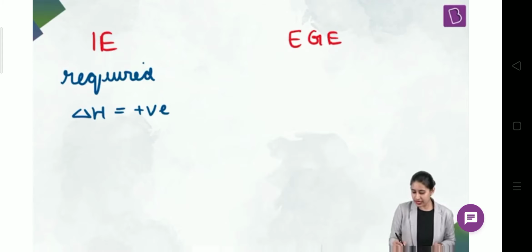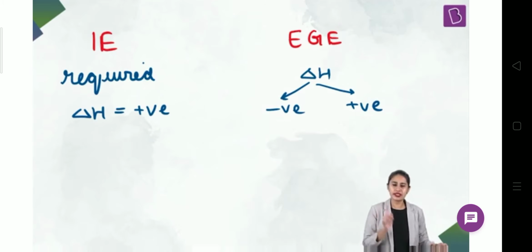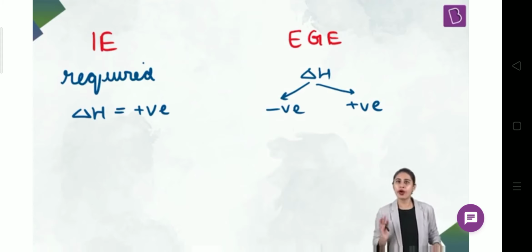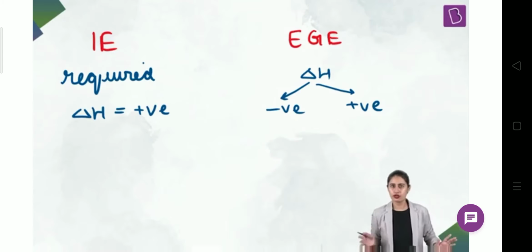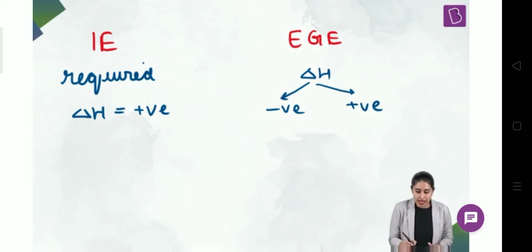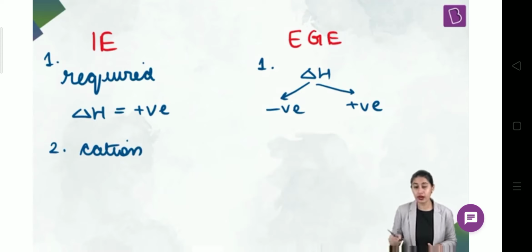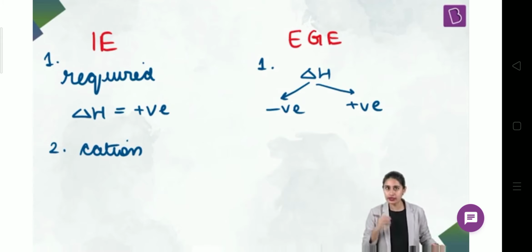So basically, electron gain enthalpy can be negative also or positive also. We can't say it is always negative or positive. It can be positive or negative, so it's the energy change, we can say. In ionization energy, we were making a cation, a positively charged ion.